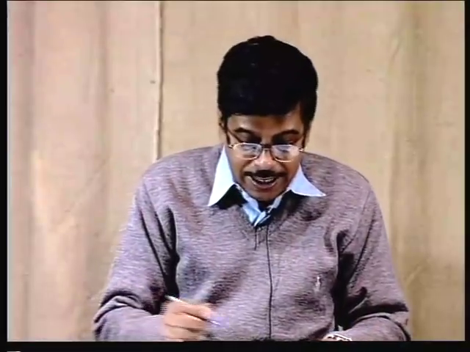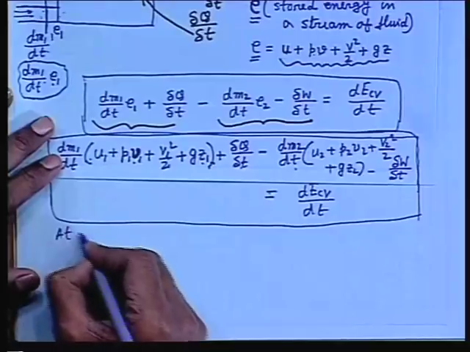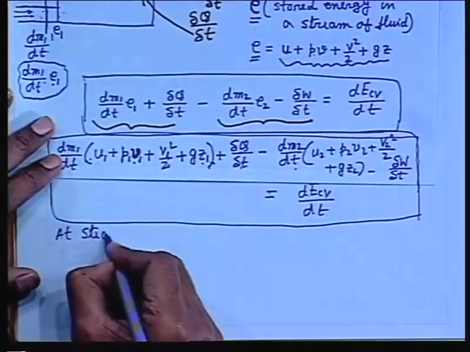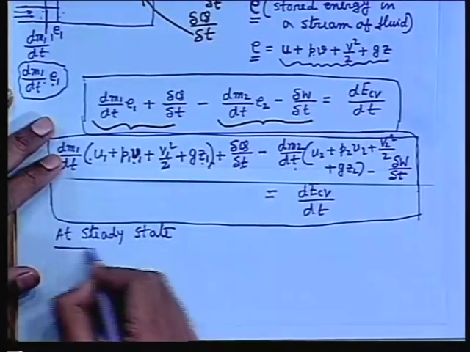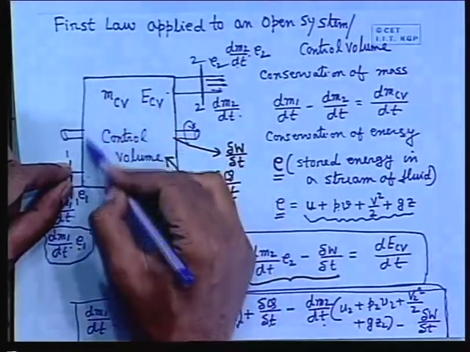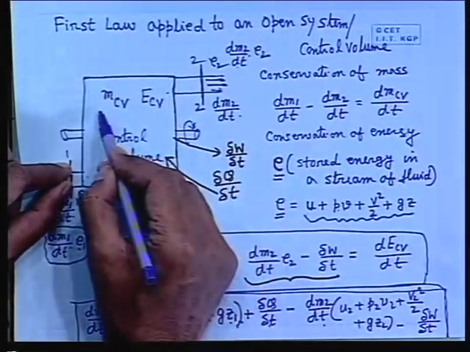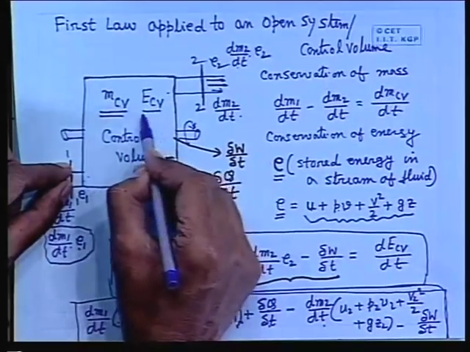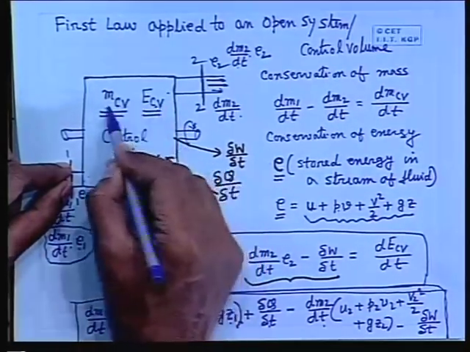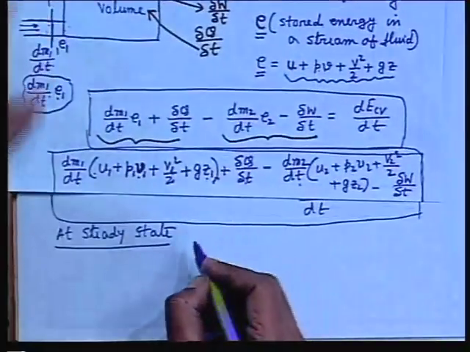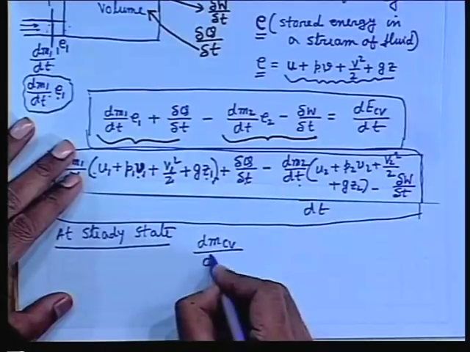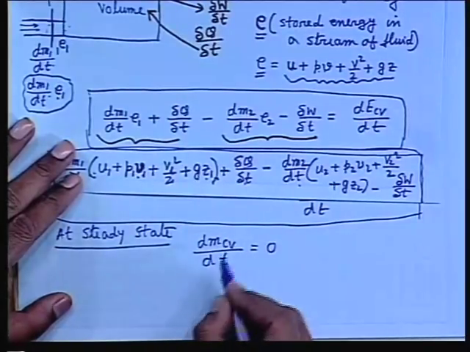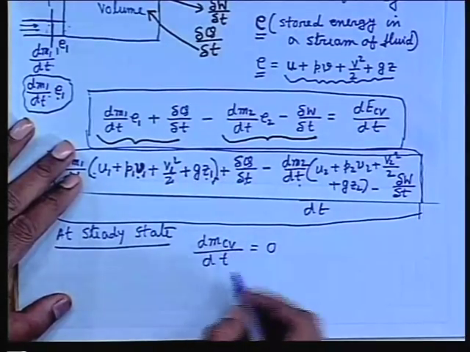All right. Now at steady state, what happens? What is the definition of steady state? When a control volume is at steady state, all its properties remain invariant with time. That means both the mass and the energy, being two of its important properties, remain invariant with time, which means at steady state a control volume is specified by this equation: the rate of change of mass, dm_CV/dt, is 0.